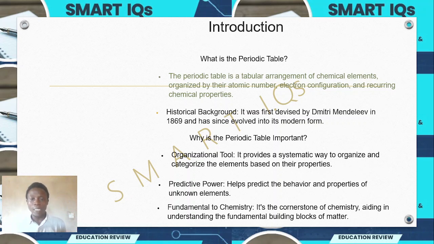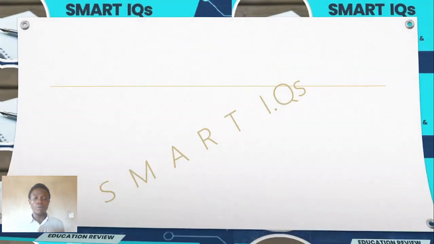Are we together? Then we also stated that the periodic table is of great importance because it is the cornerstone of chemistry, because it aids our understanding of the fundamental building blocks of matter. Are we together? Good. Then let's move further.